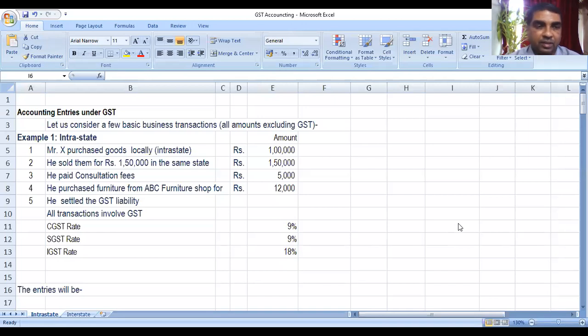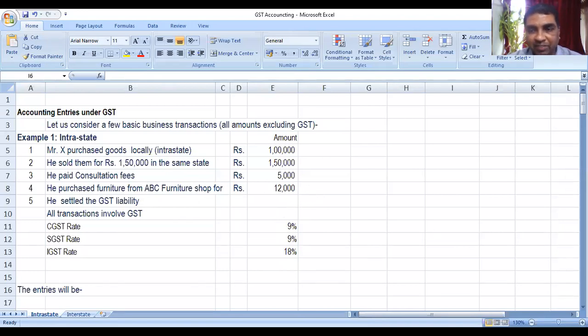Yes, sir. So yesterday, what we have done, we have taken a simple example. The first case we have seen is an intrastate transaction. A person has purchased something intrastate and sold them. He has also paid some intrastate consultation fee and purchased some capital asset from a furniture store, that was also intrastate.